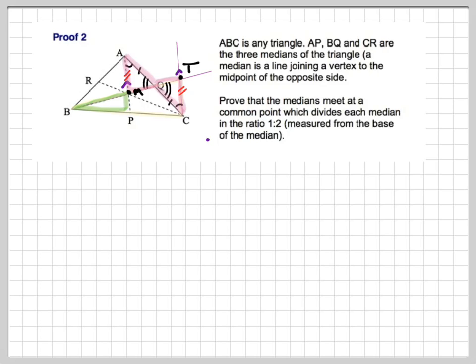Another possibility would be to use vectors, actually. So if we define some vectors, perhaps BC is equal to a and BA is equal to b, and we've got the midpoints as shown, I think we could probably find a couple of different journeys, say a journey for PM and a journey for PA, and that would also give the given ratio.